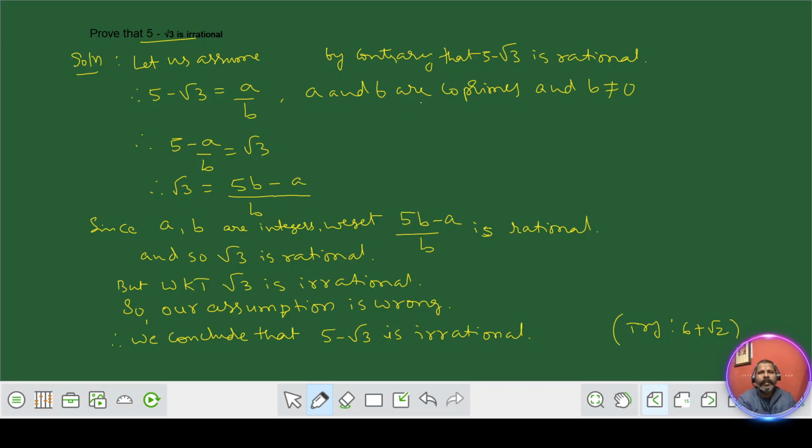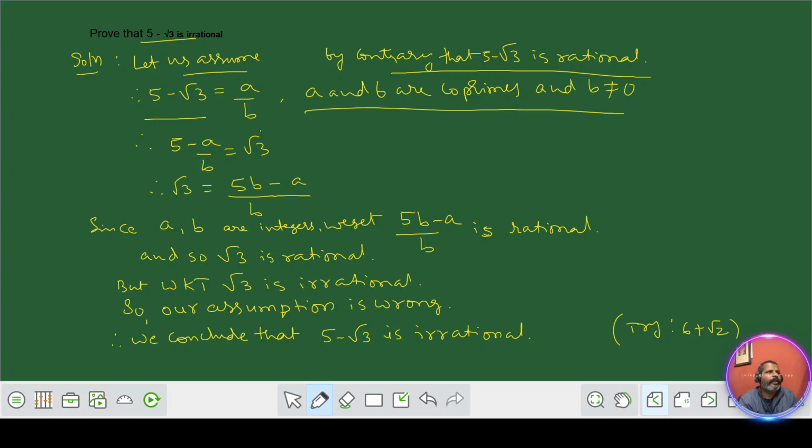Here, these kinds of questions are much simpler than the previous question. The first statement remains same. Let us assume to the contrary that 5 minus root 3 is a rational number. Then we write 5 minus root 3 is equal to a by b. This remains same. A and b are co-primes. B not equal to 0.